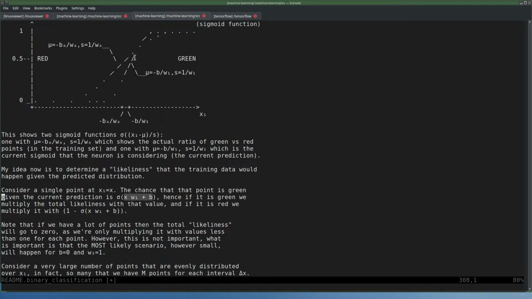So if at this x-coordinate we see green, then the likeliness that it was green, given the x-coordinate, is the value of the sigmoid at that point, say 0.7. And if it is red, then the chance was 0.3 for that x, because this is the distribution.